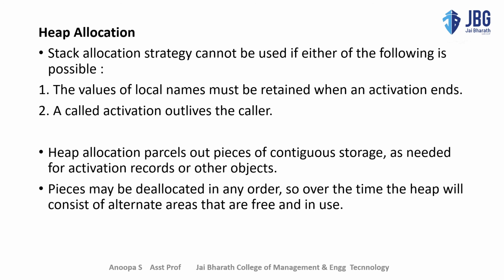So heap allocation parcels out pieces of contiguous storage as needed for activation records or other objects. That is, wherever the memory is free, we can allocate data to that. So pieces may be deallocated in any order. Over time, the heap will consist of alternate areas that are free and in use.